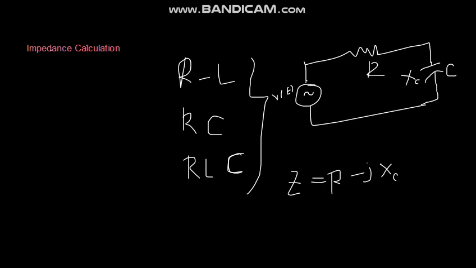If there is another part, if we add this here, it is an inductor. If we add an inductor here, it will become an RLC circuit, and the impedance will be XL. And always keep in mind, the unit of impedance is also ohms.